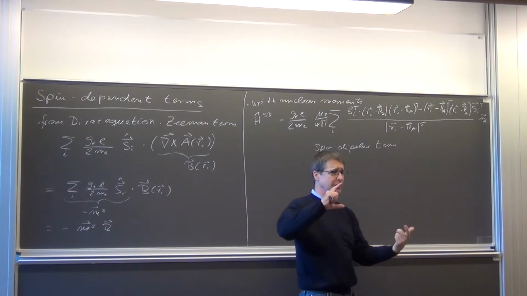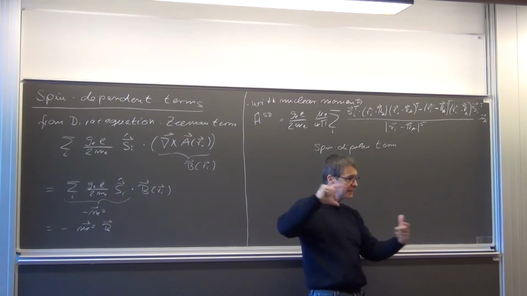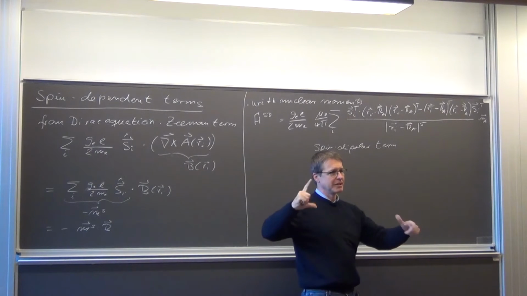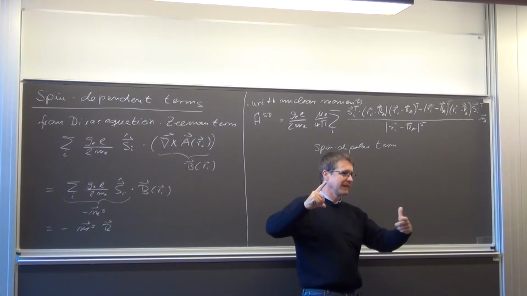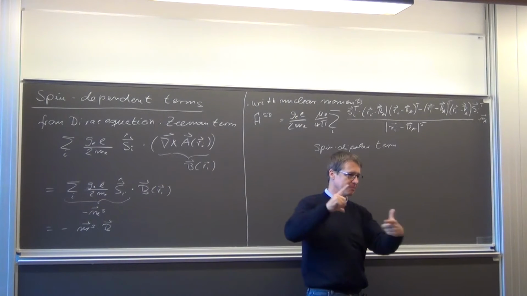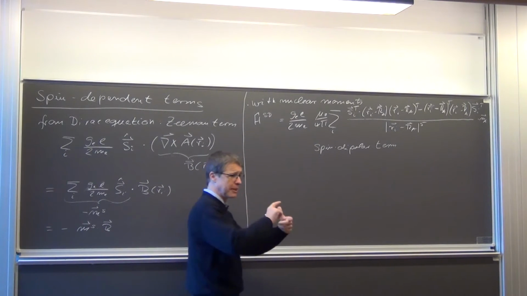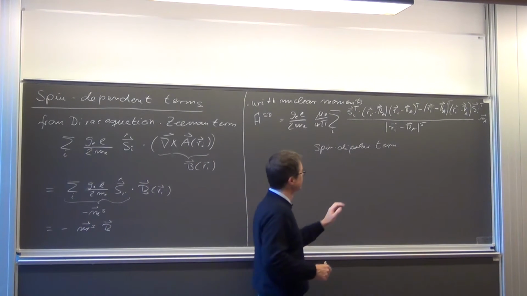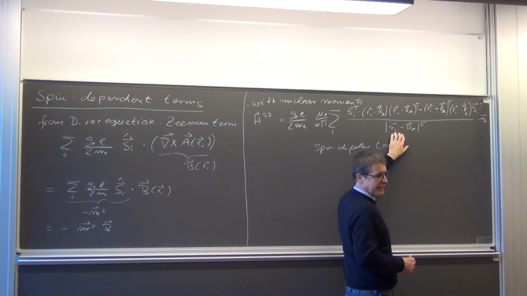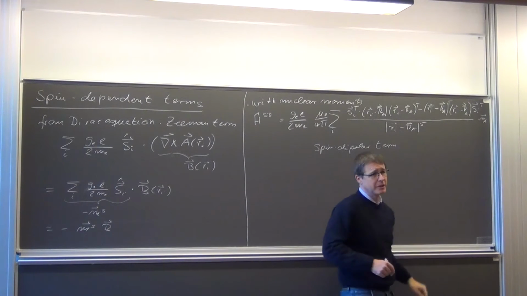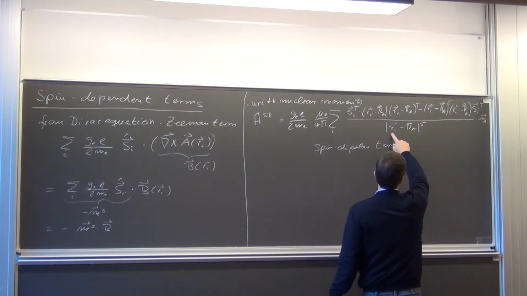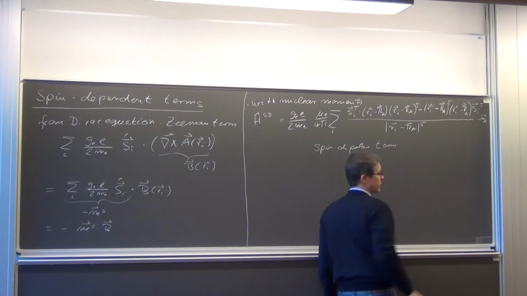So I mean, classically a dipole-dipole interaction only makes sense if there's some distance between the two dipoles, at least for the electric ones, which are made by charges. So this term only describes things correctly if the electron is not at the nucleus. So one has to do something about that, has in some way to take the limit for the distance between the electron and the nucleus going to zero.